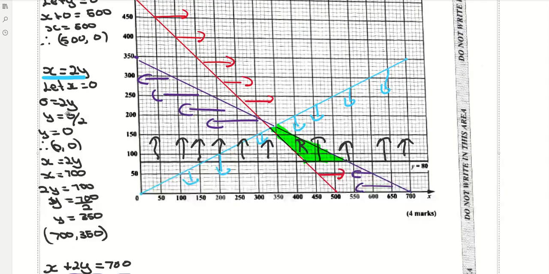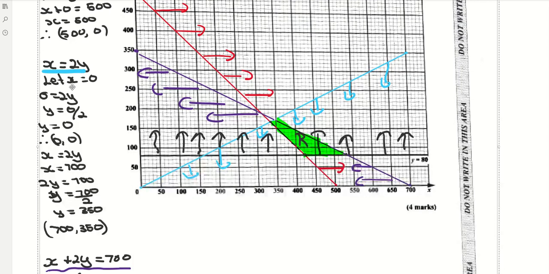Yeah? Then x is equal to 2y. You let x be equal to 0, so therefore y is equal to 0. Alright, so the first coordinate is 0, 0. And then what you would do here is look for the largest value of x. The largest value of x is 700. So when x is 700, what is y equal to?